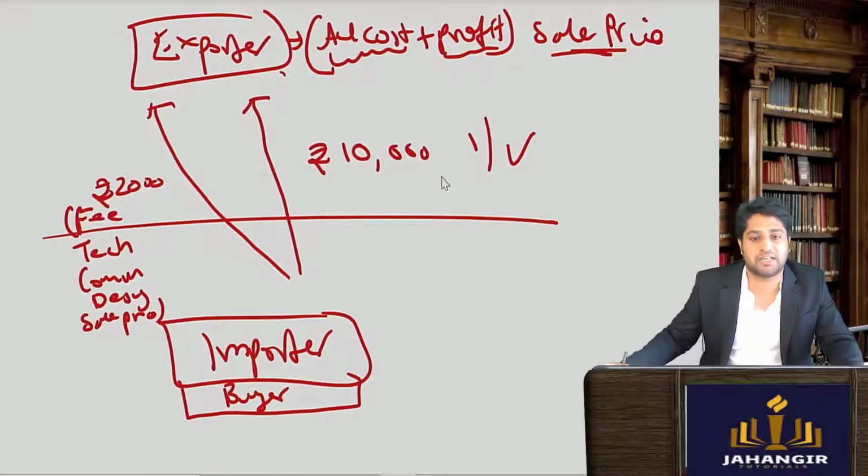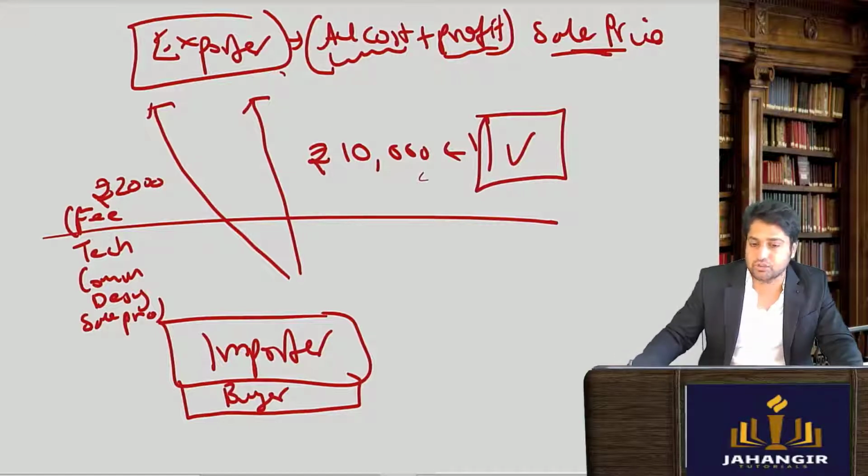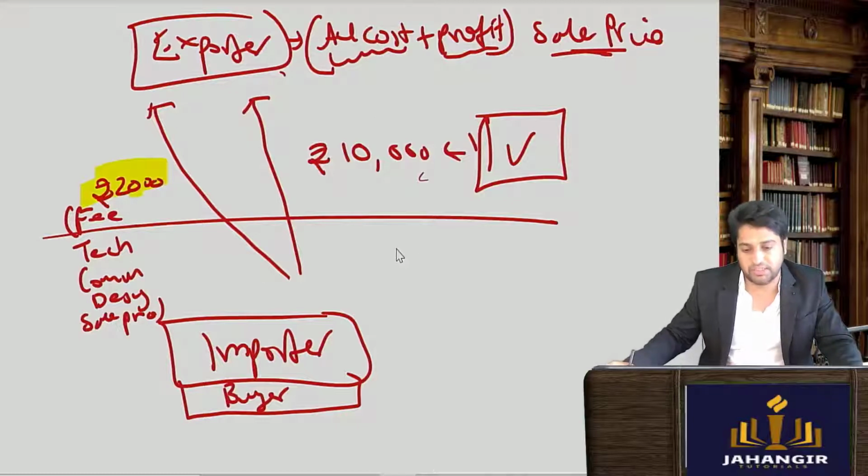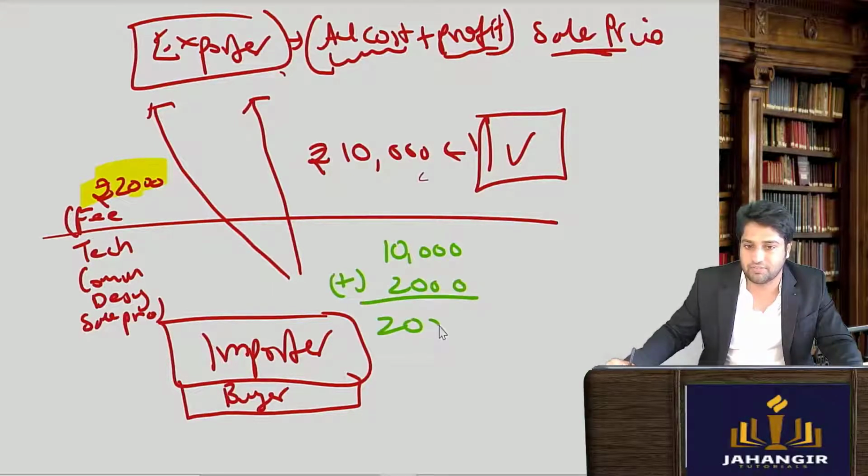So what should be the transaction value? Invoice price में सिर्फ 10,000 लिखा है, and this is not added into the value. So we will say, boss, we need to do some adjustments, and we will say 10,000 is there plus 2,000. Transaction value is 12,000 rupees.